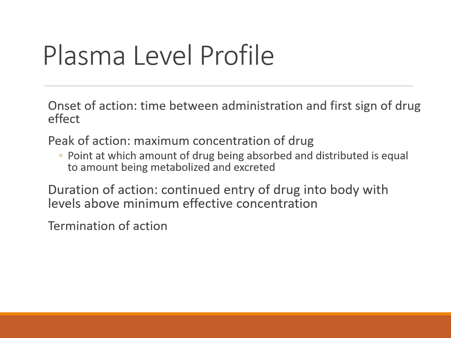Duration of action is the continued entry of the drug into the body with levels above the minimum effective concentration. We'll talk about MEC in a little bit. And then termination of action.